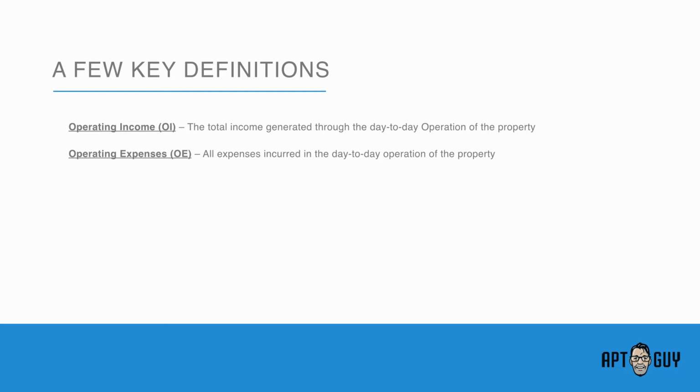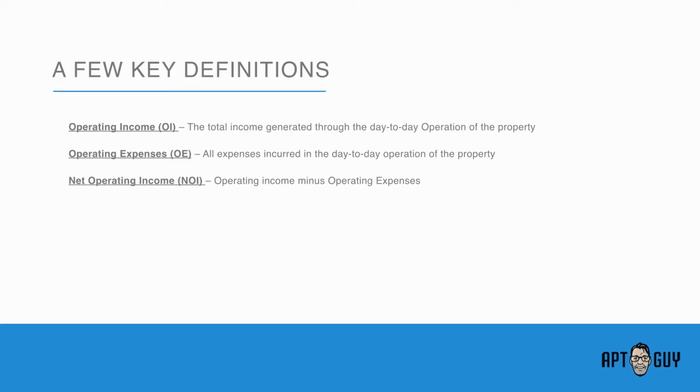And then you have your NOI, which is operating income minus operating expenses, giving you your net operating income. That's basically your profit before your debt service, or your loan, and any capital expenditures and non-operating expenses are figured in. And then you have a cap rate: the expected one-year return on a piece of commercial real estate when purchased with all cash, or basically no debt.